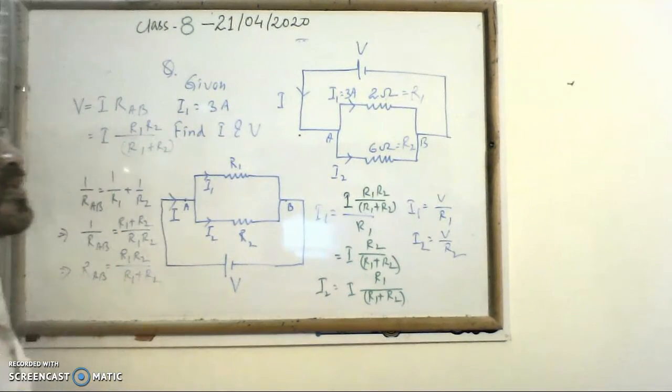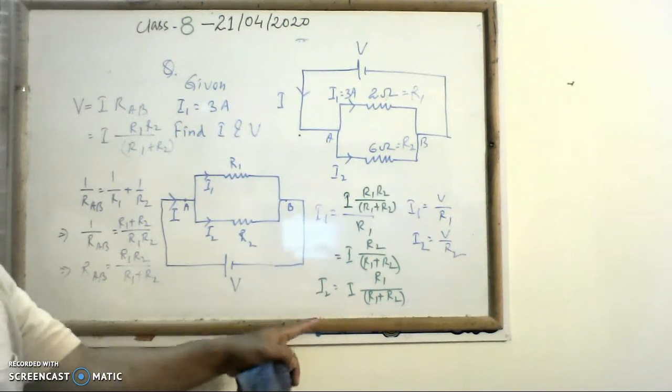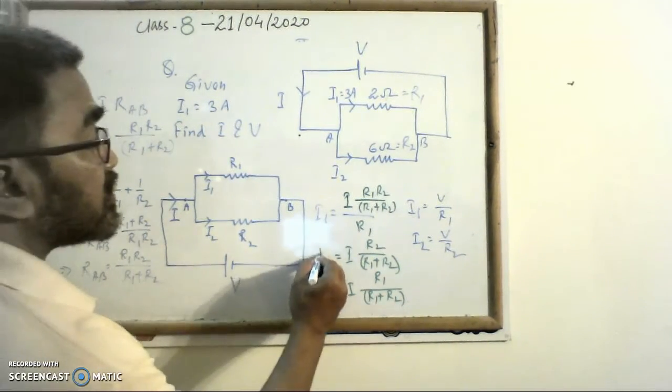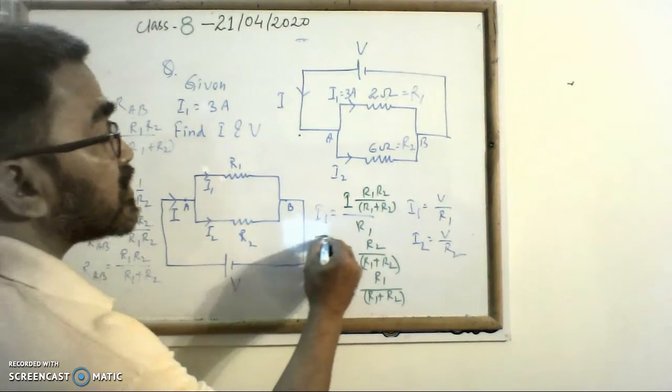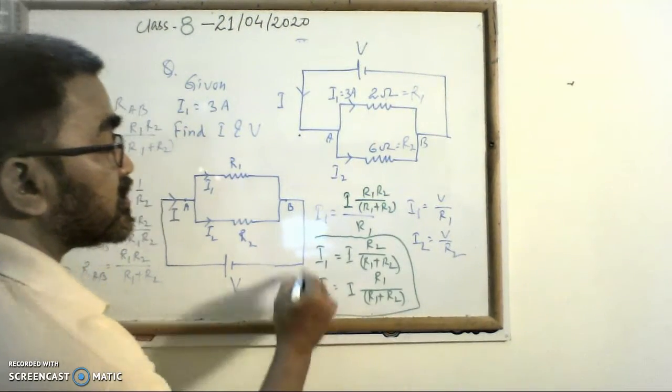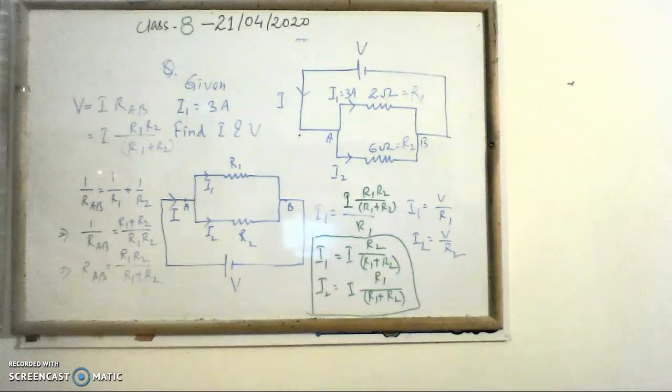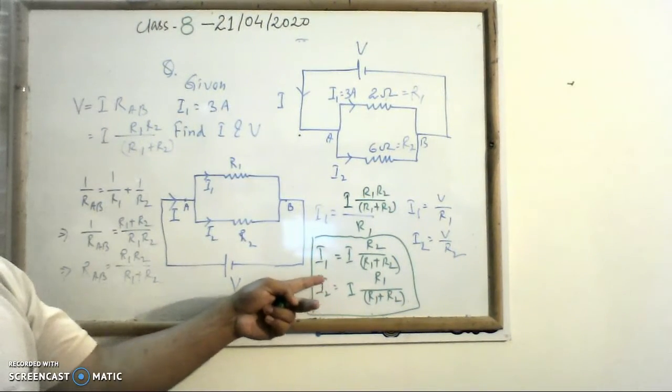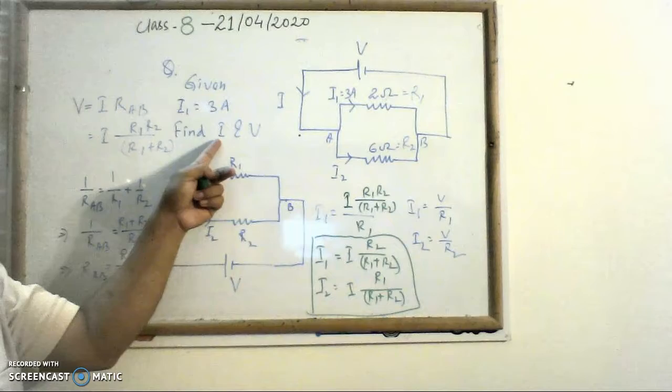This is one of the important relations that you can apply in this particular problem. By using this relation, you can easily find out the value of I and V.